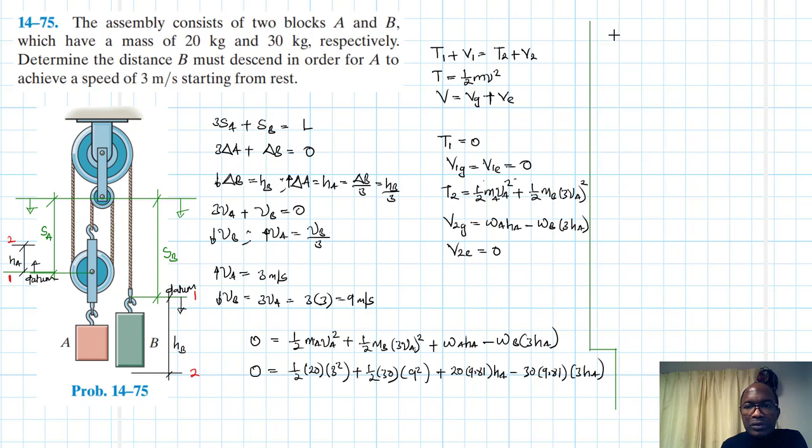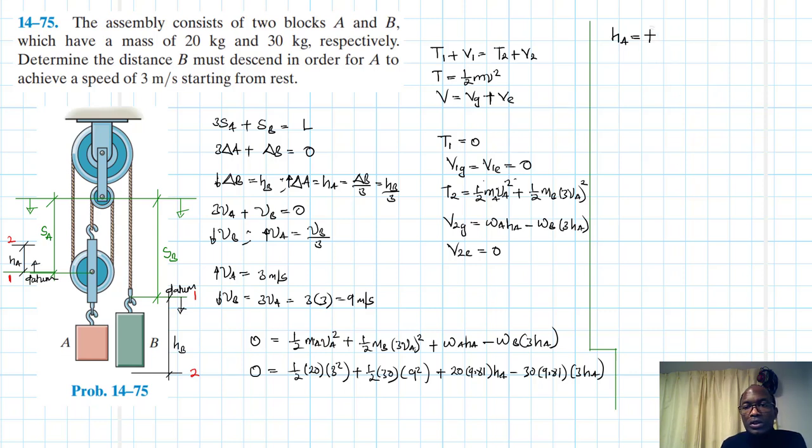So here I will have my HA is just equal to, grab the calculator, 0.5 by 20 by 3 squared plus 0.5 by 30 by 9 squared, and then there we go, and we'll say divided by 30 by 9.81 by 3 minus a 20 by 9.81.